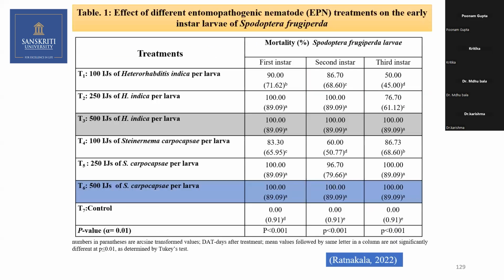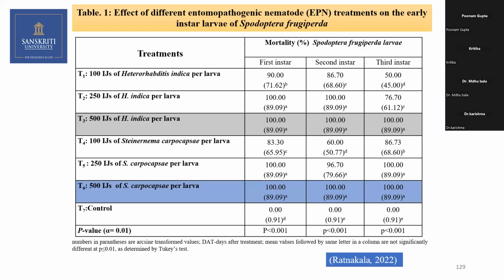And here, see actually, those of them who have the same alphabet are on par with each other. For example, T2 is on par with T3, which is on par with T5, which is on par with T6. And T7 and the check differ from others.